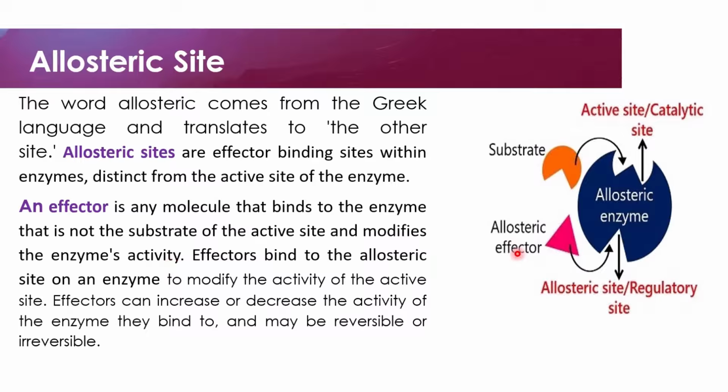So as you can see, this is an effector which is binding to the allosteric site of this enzyme and not the active site. Effectors bind to the allosteric site of an enzyme to modify the activity of the active site. Effectors can increase or decrease the activity of the enzyme they bind to and may be reversible or irreversible.